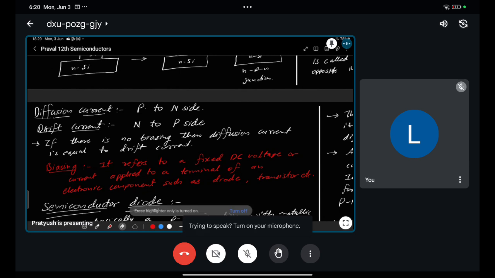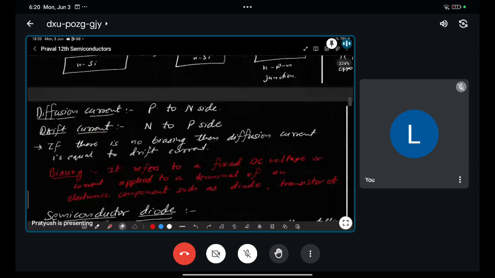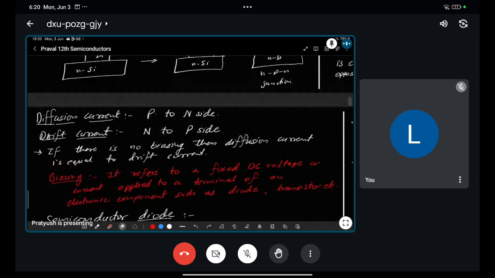Now next is semiconductor diode. See, from now I hope till this point you understood how these PN junctions are working. Okay, what is happening in PN junction? First of all, we came across semiconductors like germanium and silicon.